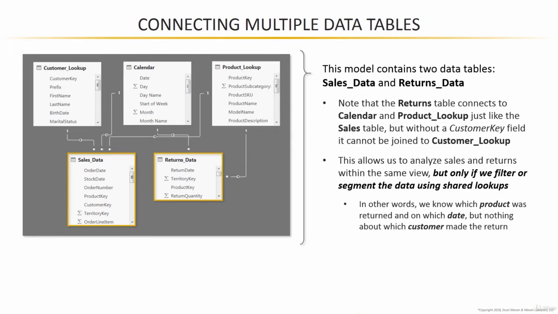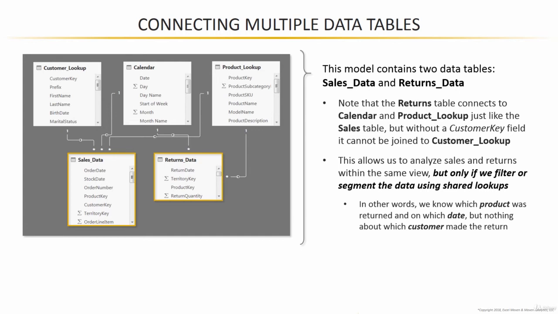So what you may be noticing here is that we've successfully integrated that returns data into the model, but we did not attempt to make any kind of relationship between the returns data and the sales data. And the reason for that is that no matter which fields we tried to use to form a relationship between those 2 data tables, we're always going to run into a many-to-many relationship error.